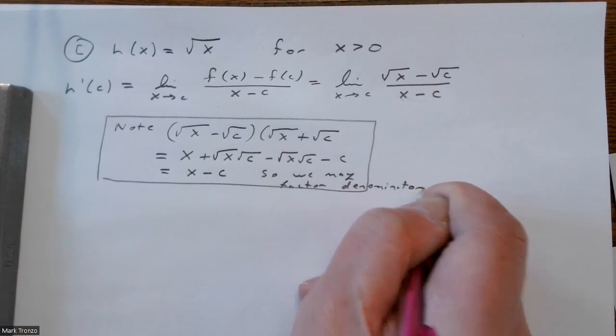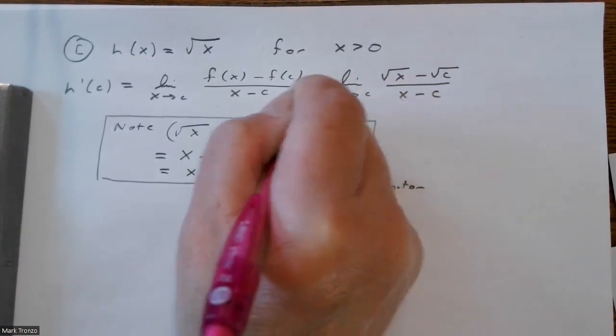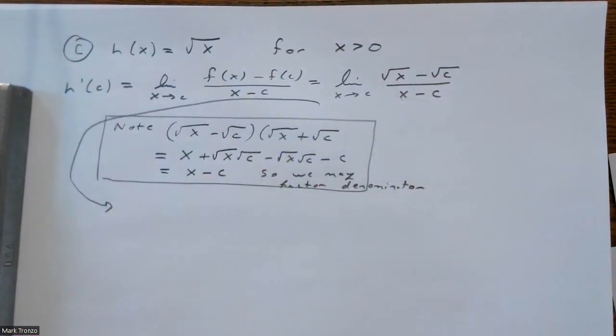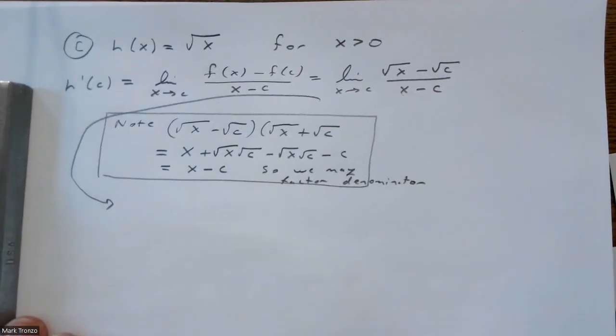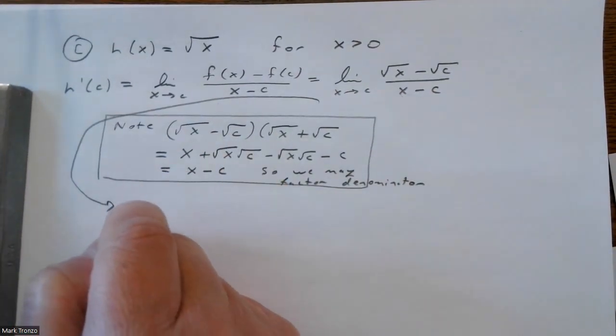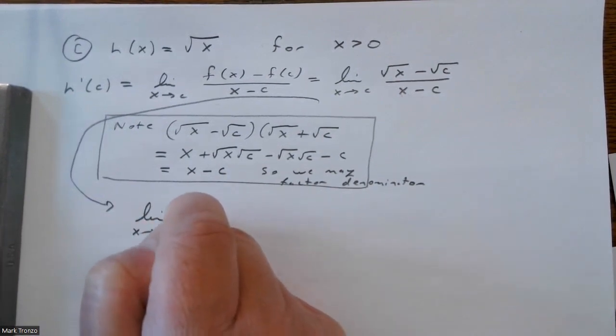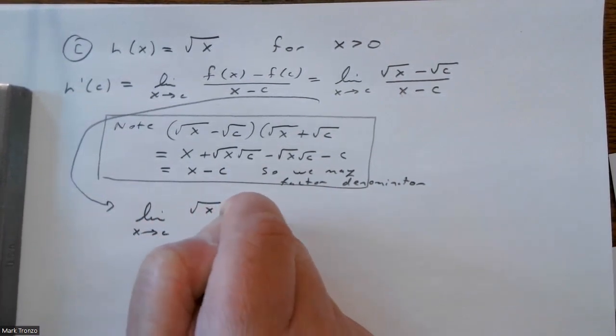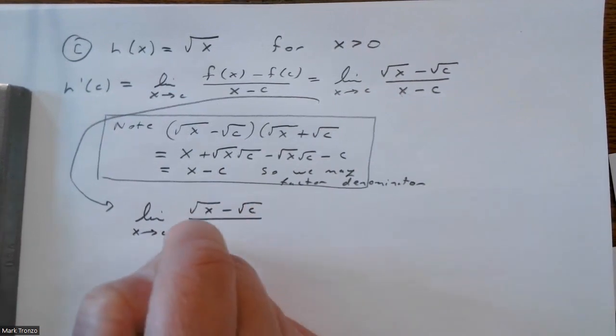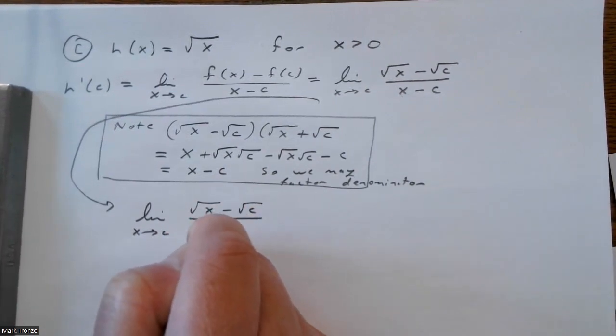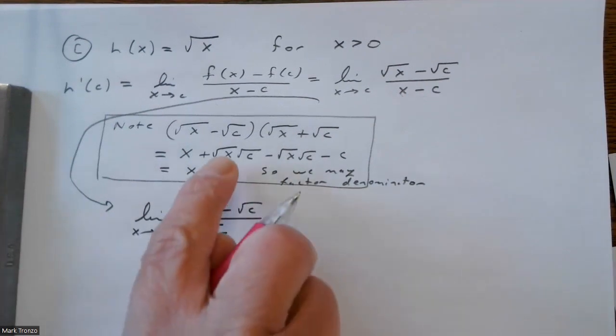So this is just maybe scratch work again. Let's go back down here. We'll factor the denominator that way and just say the limit as x approaches c of the square root of x minus the square root of c over... So what do we say here?